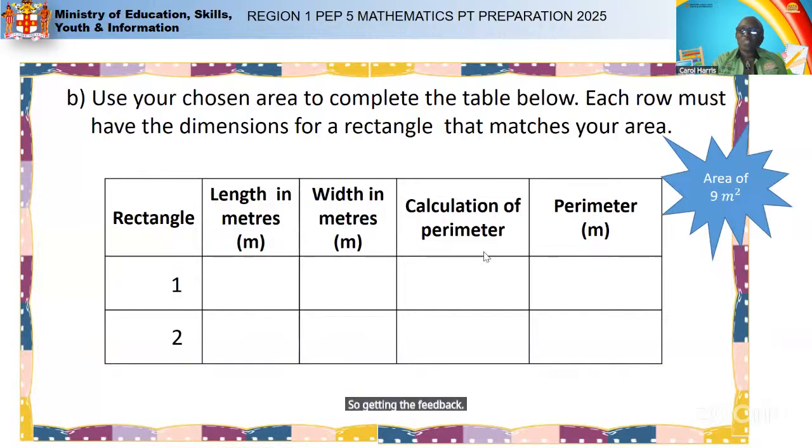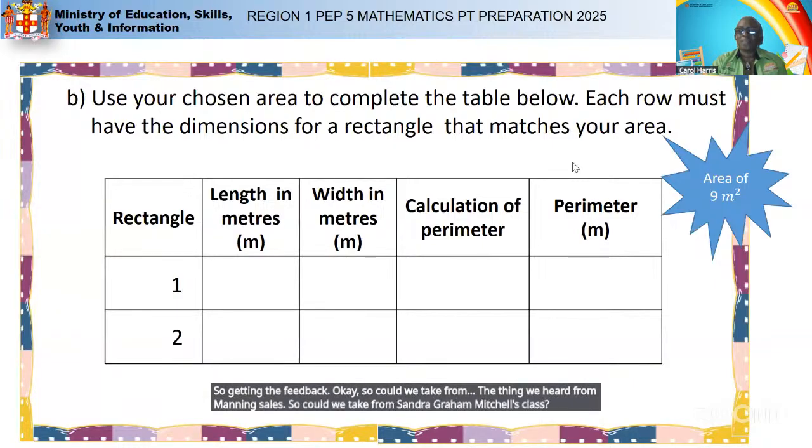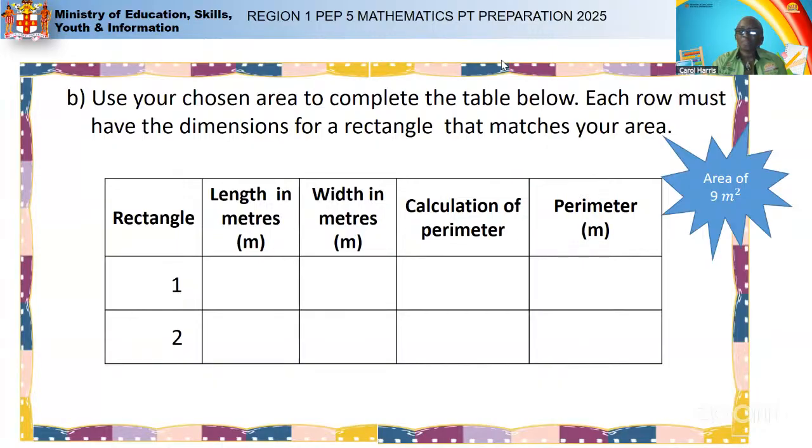I think we heard from Manning Seal, so could we take from Sandra Graham Mitchell's class? Go ahead, Sandra. You can unmute, Sandra Graham Mitchell. All right, that's taking a while as well.